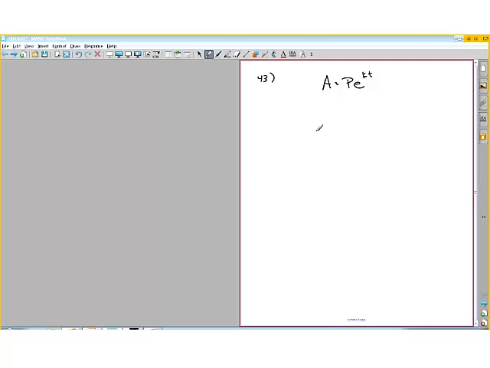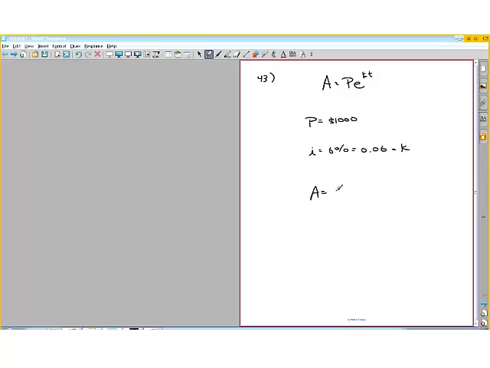So the easiest one is number 43, and it says that P, the initial amount invested, is $1,000. And we know the interest rate is 6%, which as a decimal is 0.06, which is equal to K.